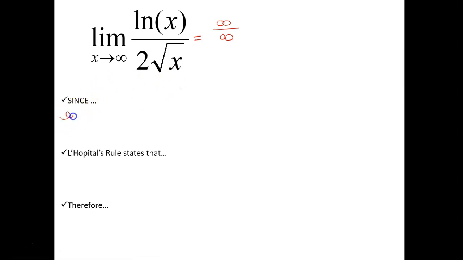So since the limit as x approaches infinity of the ln of x is equal to infinity, and the limit as x approaches infinity of 2 root x equals infinity. So I've got both things equaling infinity. L'Hopital's rule states that.